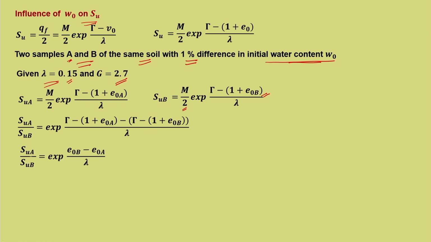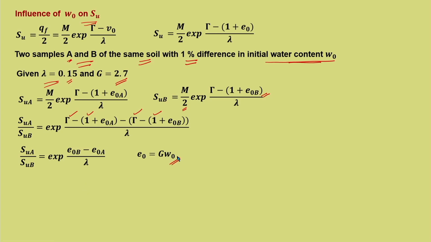So here you have Su A by Su B is equal to exp E naught B minus E naught A upon lambda. Why? Because the 1 gets cancelled off, and it will be plus E naught B minus E naught A upon lambda.